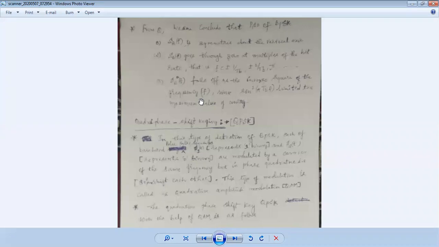That is exactly the quadrature. Cos omega ct is used for one signal for transmitting message 1, and minus cos omega t is another carrier wave signal for transmitting the message 0. That means both are in anti-phase, with exactly a 90-degree difference; minus cos omega t I can write as sin omega ct.